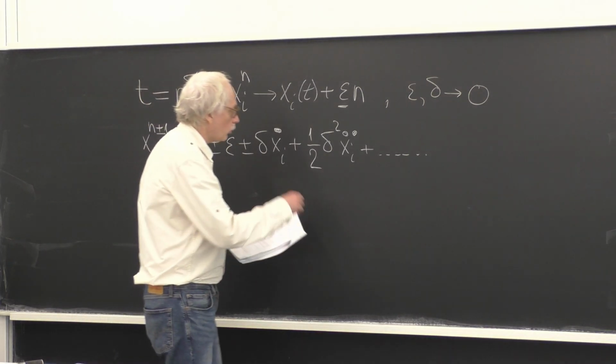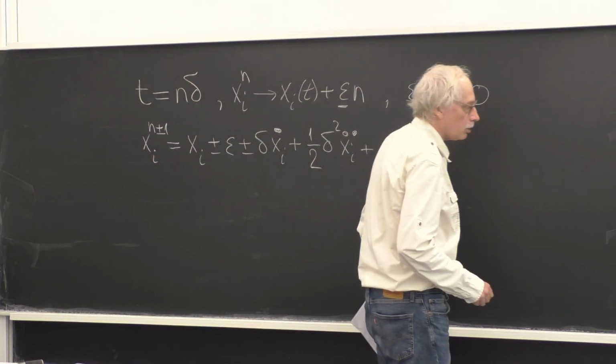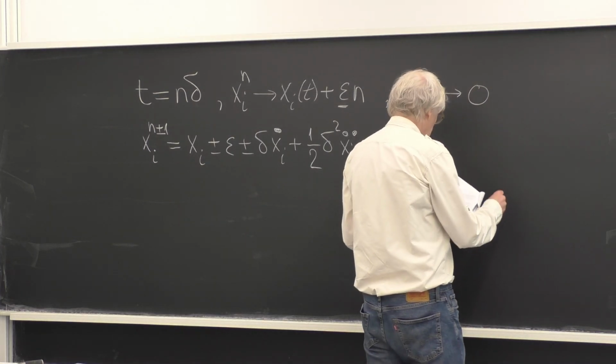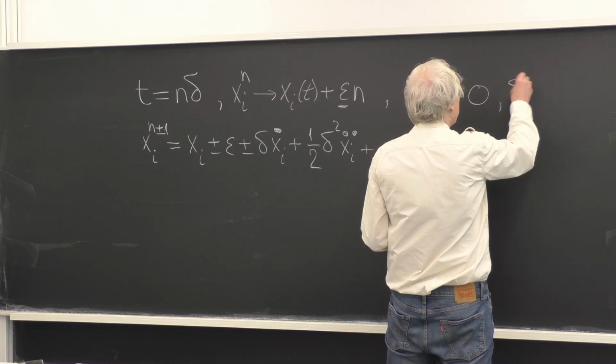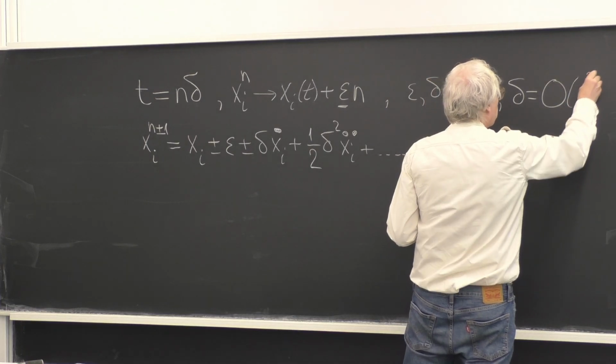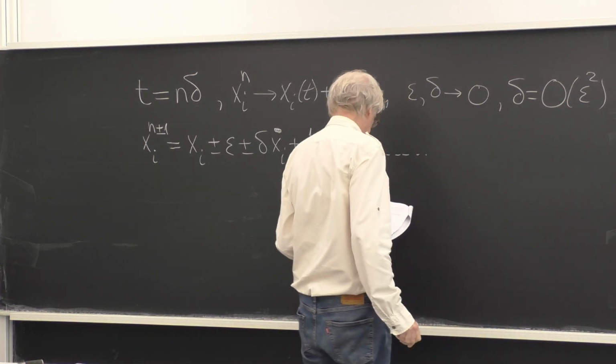In fact, for compatibility of this substitution, for existence of the limit, we need to require that delta is O of epsilon squared.